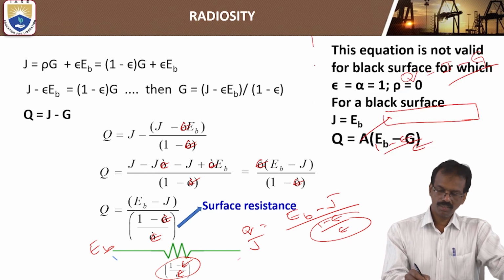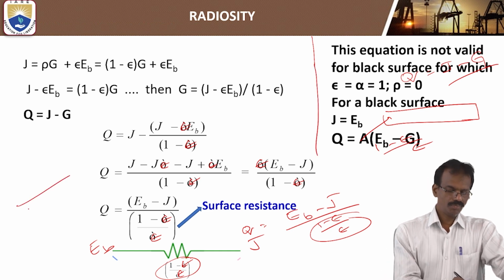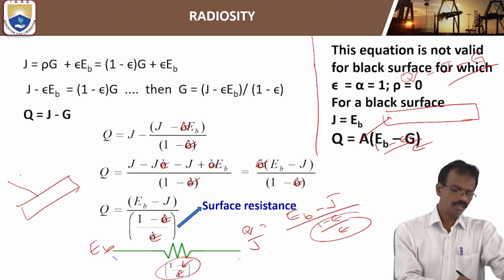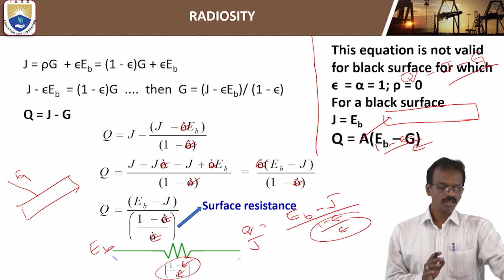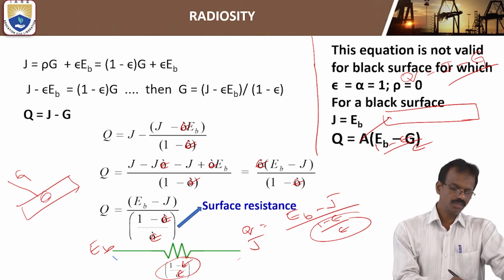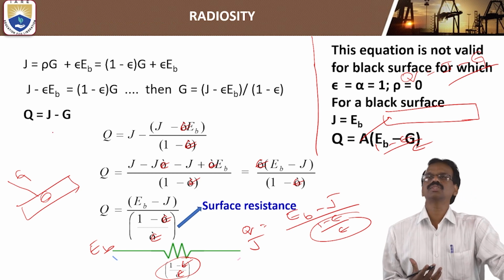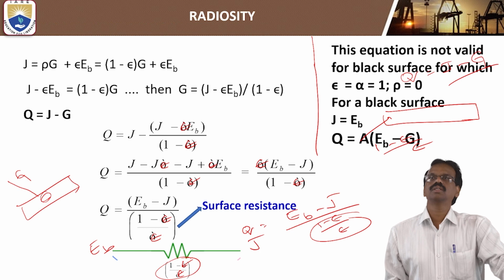But in the case of a black body it is different. If the surface is a black body, the radiation G falling on the surface is completely absorbed by the surface. So there is no reflectivity, only absorptivity.